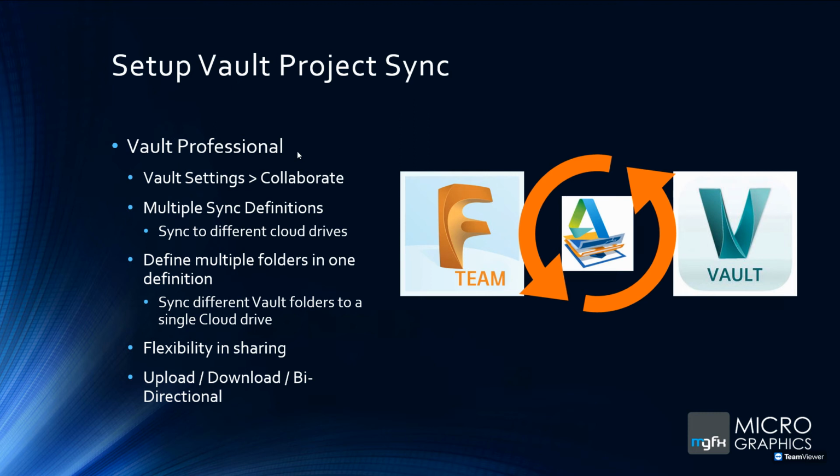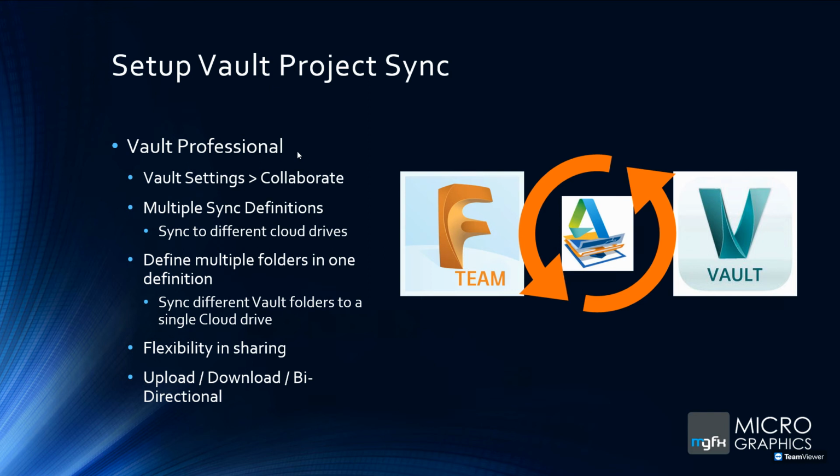But inside of that sync definition, you're able to set up multiple Vault folders to synchronize to that cloud drive. So you would create multiple definitions for different cloud drives, but within a definition, you can set up multiple folder synchronizations to synchronize different folders to that one cloud drive.